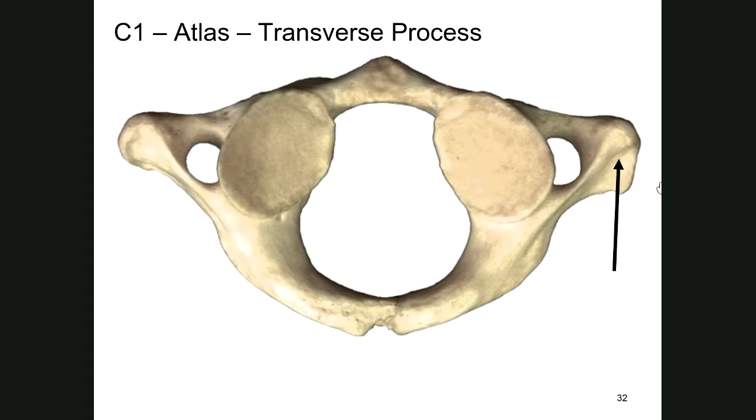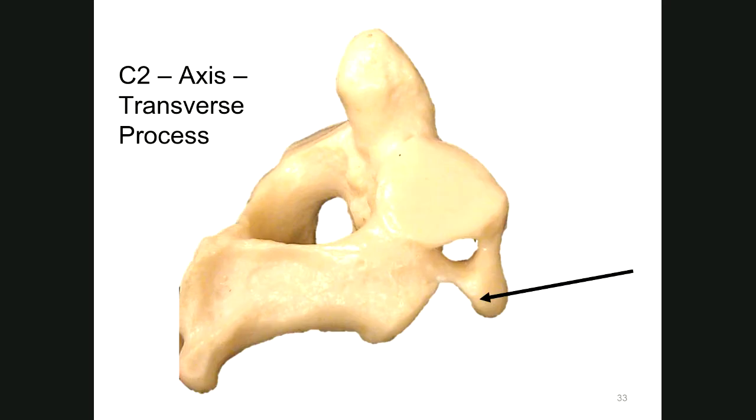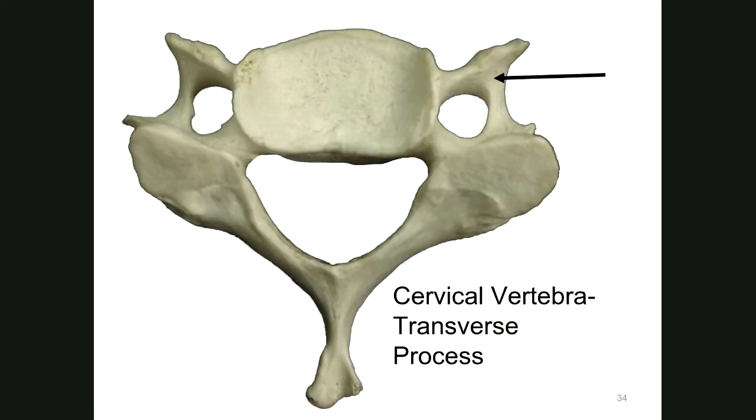And then this is it on C2. If you can, draw it on one of your C2s. And then here's the transverse process on a regular or typical cervical vertebra.